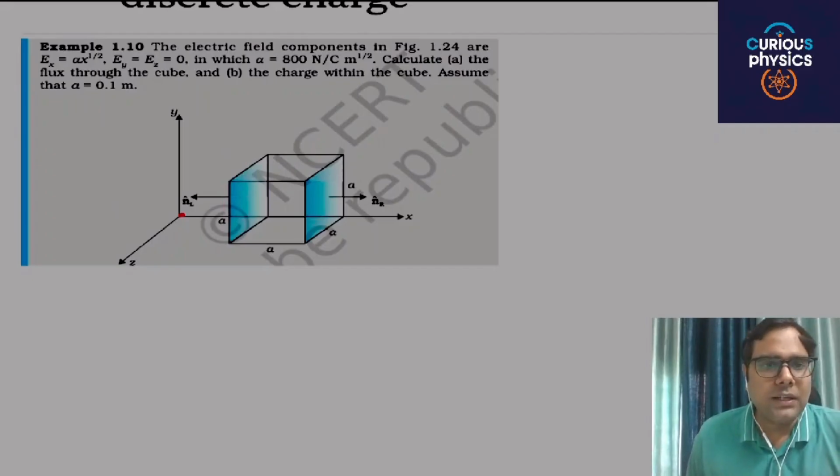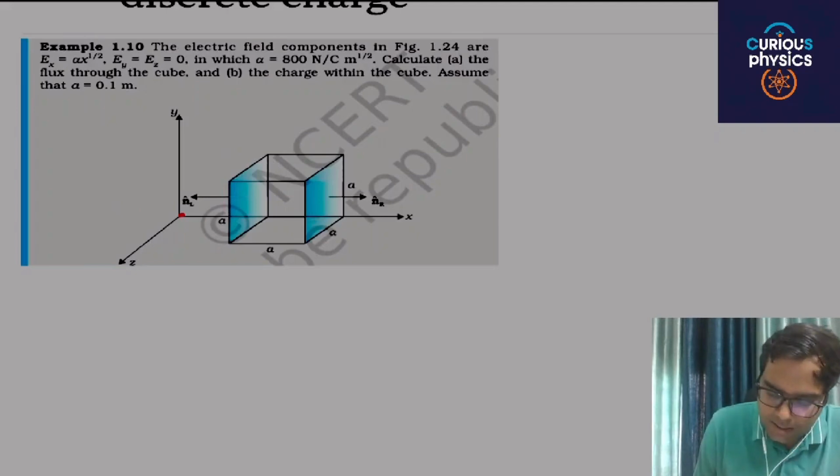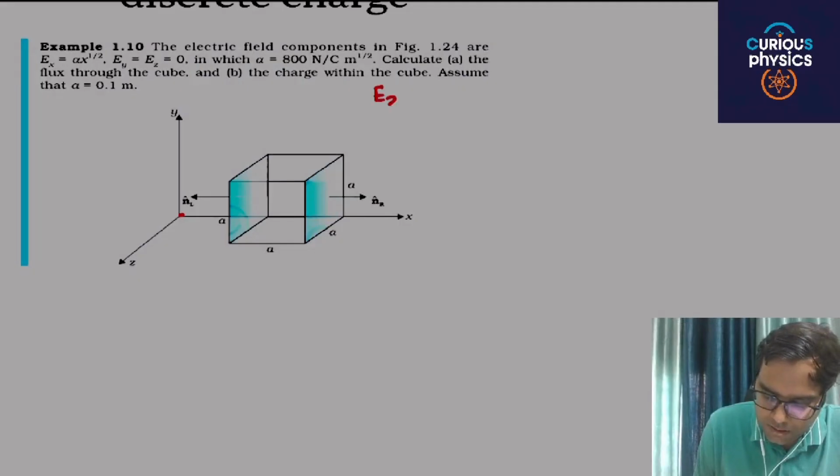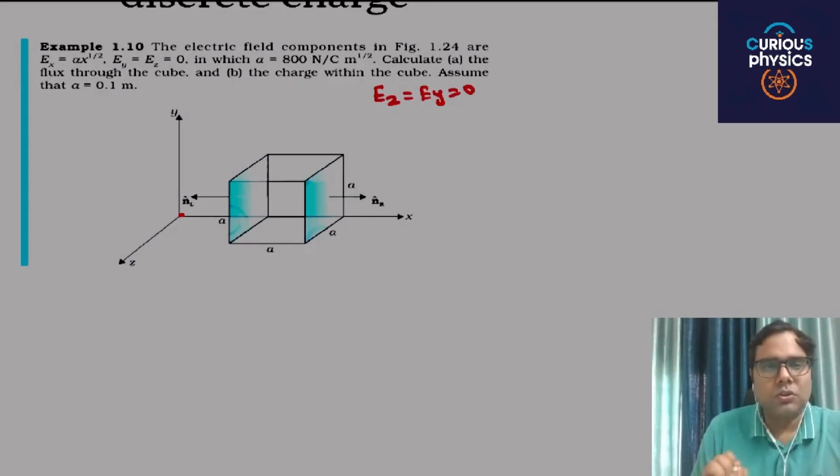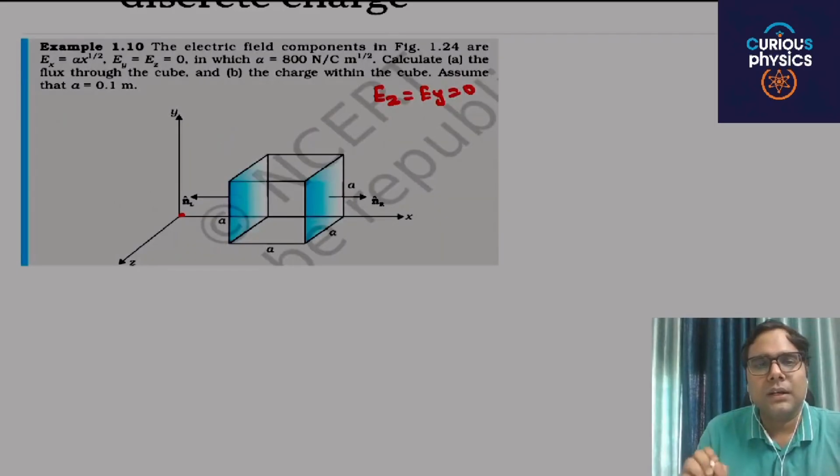You have to find the net electric flux through the cube. The electric field components Ez and Ey are equal to 0. There is no electric field except along the x-axis.